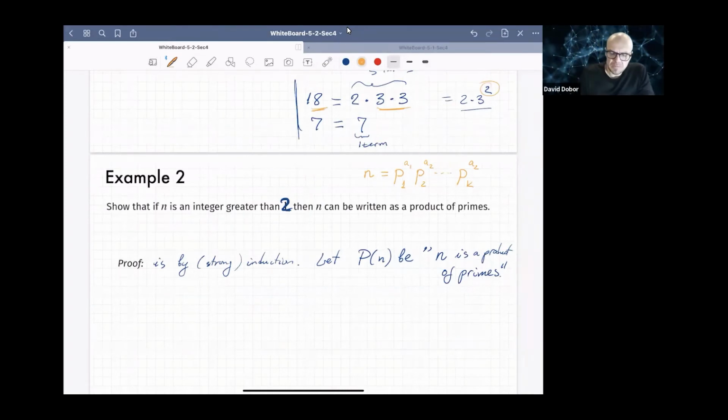So, for example, let's take 60. That's going to be 2 times 2 times 3 times 5. Okay, so that's a bad example, but anyway, 7 goes with the power of 0.